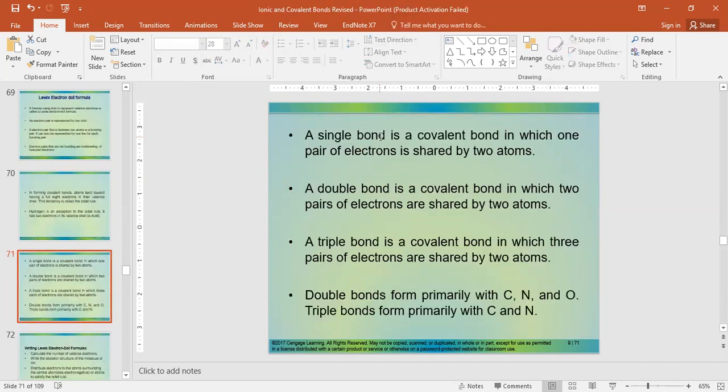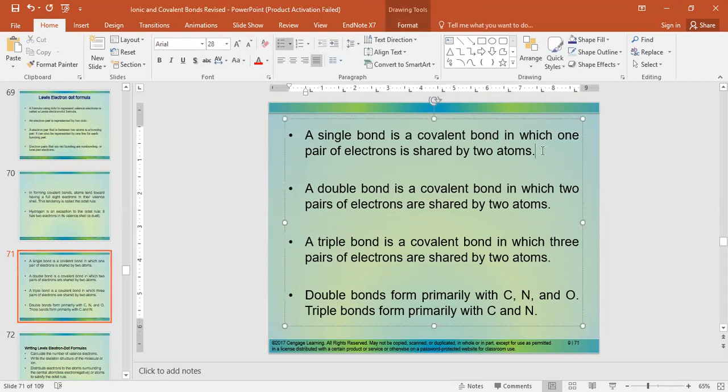A single bond is a covalent bond in which one pair of electrons is shared by 2 atoms. Now, that shared pair of electrons may be donated by 1 atom, in which case we call it a coordinate or dative bond, or the 2 atoms may be sharing the electrons equally, as in, you donate 1, the other one donates 1, and then they are shared in the bonding.